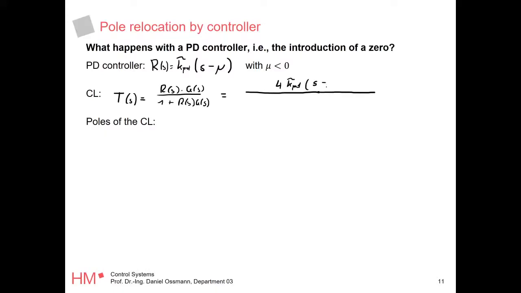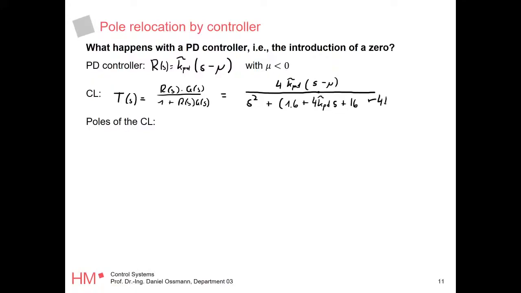We have s minus mu, and we have s squared plus 1.6 plus 4 kpd s plus 16. There's actually a bracket missing in the script somewhere.